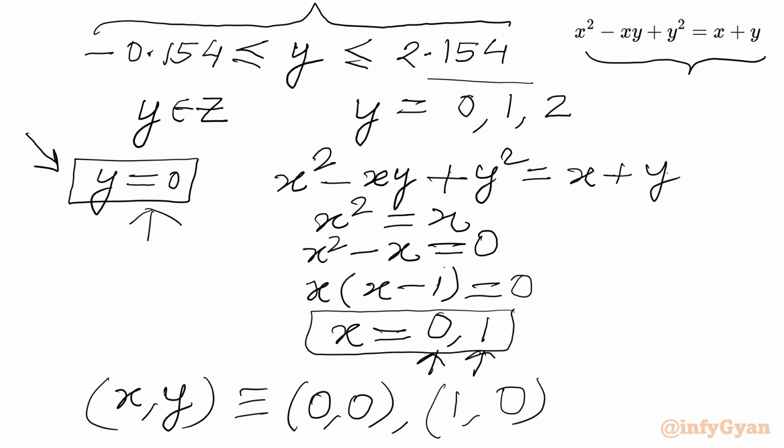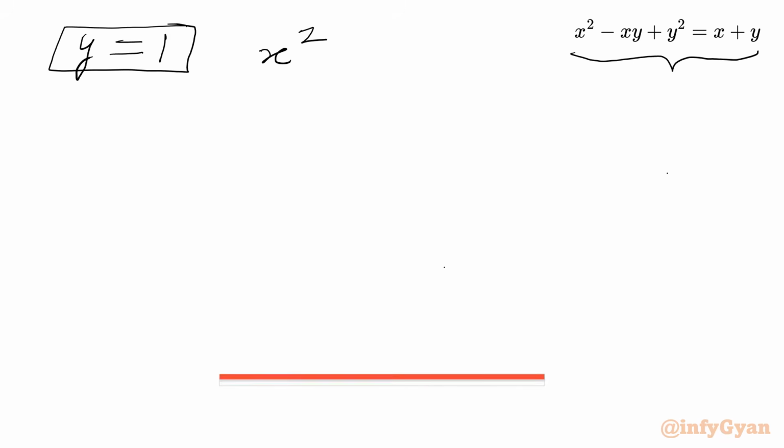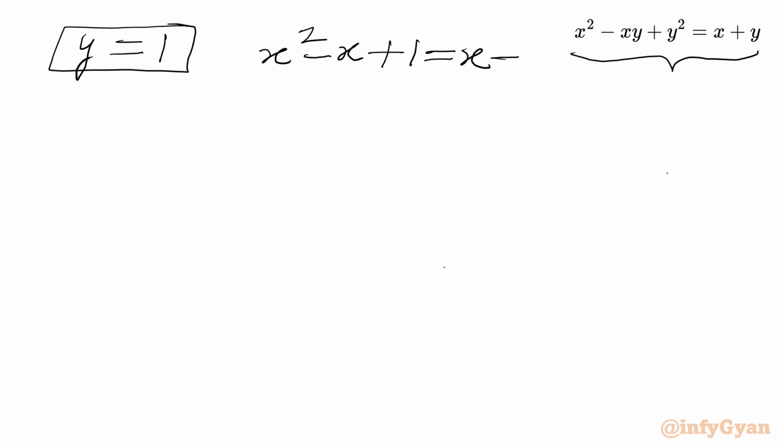Now we have y equal to 1 and y equal to 2. So I will write here y equal to 1. The equation is here. We will plug in y equal to 1 and get x square minus x plus 1 equal to x plus 1. We will subtract 1 from both the sides. We will get x square minus x equal to x.